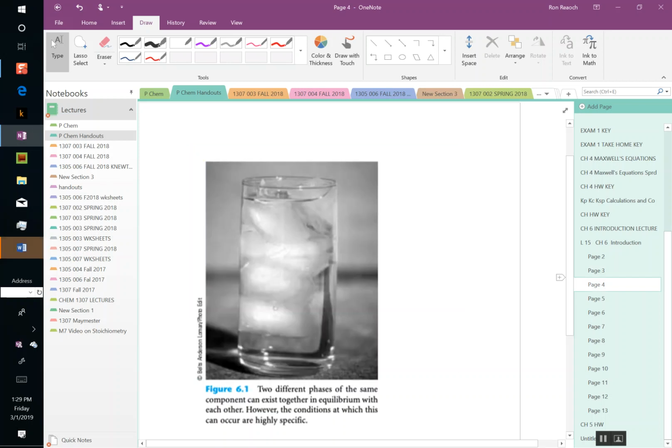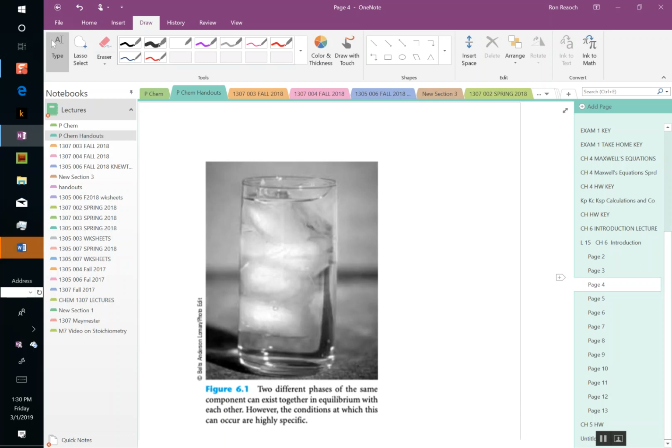Okay, so this is you've got 2 phases of the same component at equilibrium. They're both at 0 degrees centigrade.